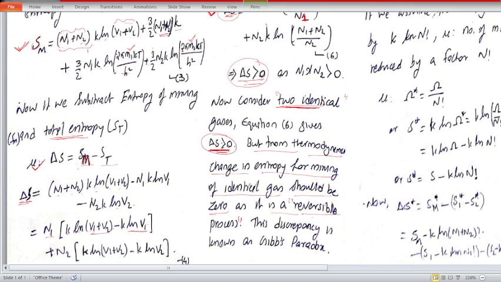Since it is a reversible process, after some time if you put the barrier in again, you can see the number of particles on both sides can be the same as the initial case.